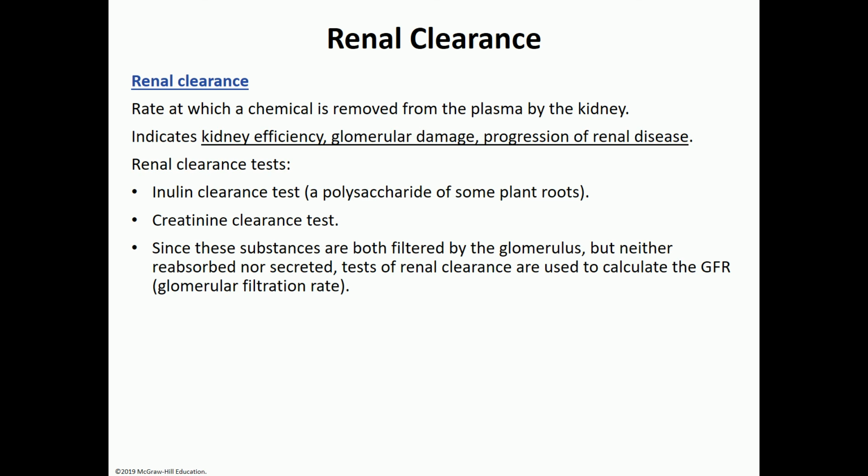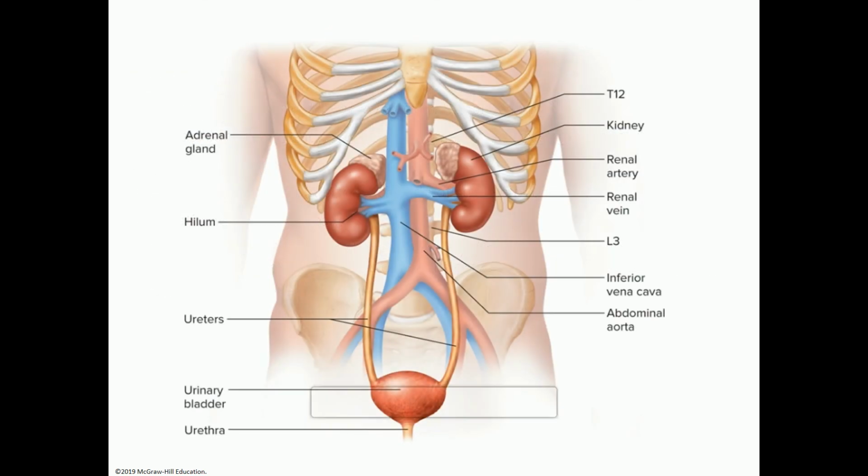Both of these substances, whether it's inulin or creatinine, both of them only undergo glomerular filtration. And that's why we could use them to figure out glomerular health and glomerular damage, because they are only filtered in the glomerulus. There is no tubular secretion or tubular reabsorption of inulin and creatinine. And this ends this part.